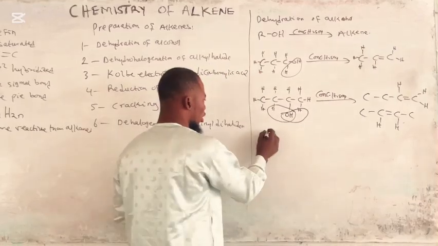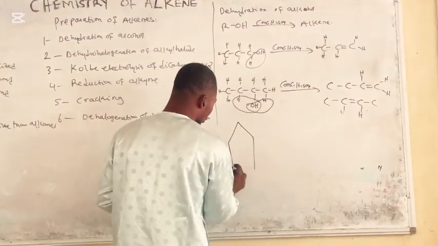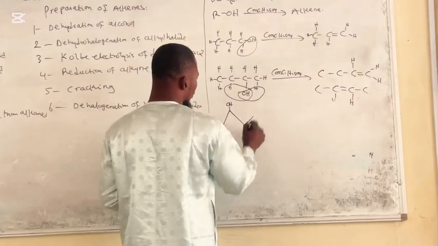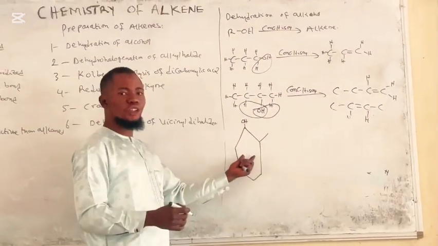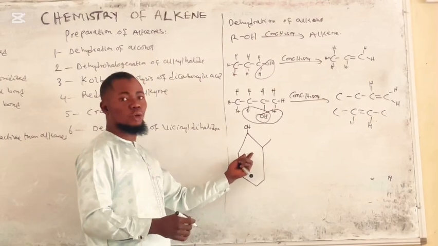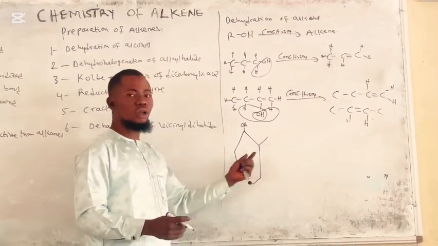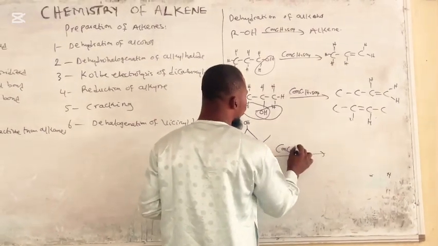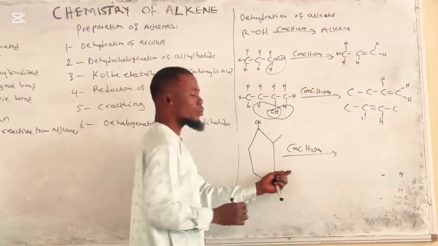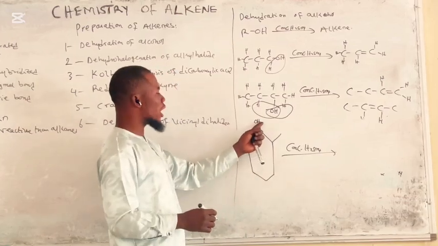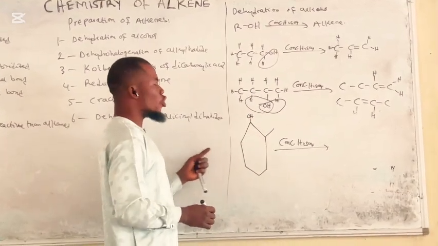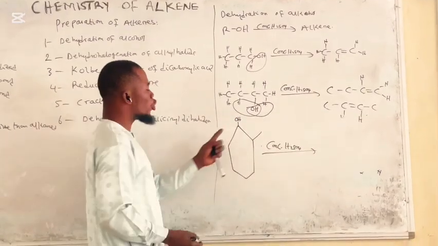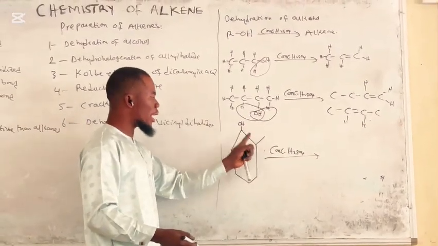Another example again, let's look at this compound here. Dehydrating this compound, we can have two products, a major and a minor product, in the presence of concentrated H2SO4. Either we remove water towards our left or towards our right. If you remove water towards your right, you introduce a double bond between this carbon and this one.